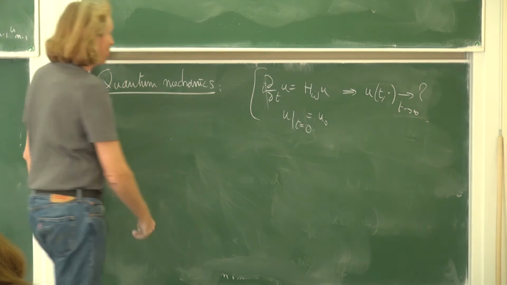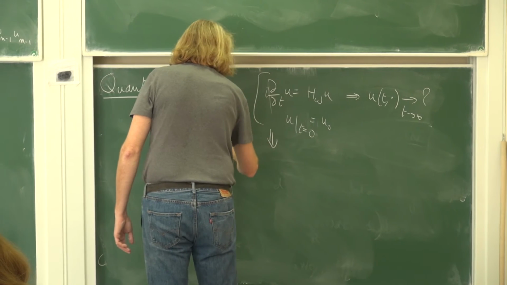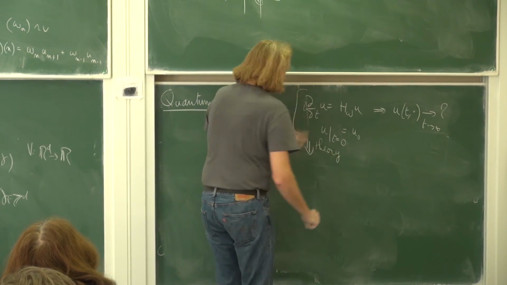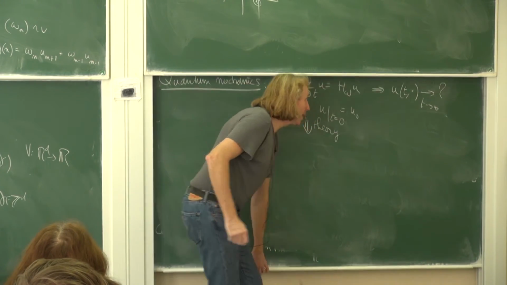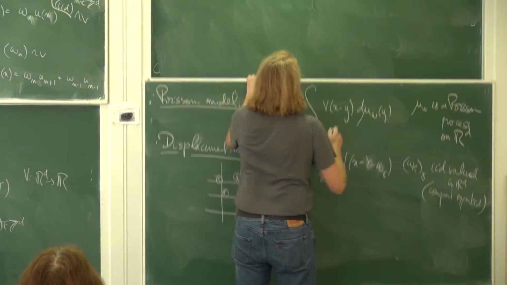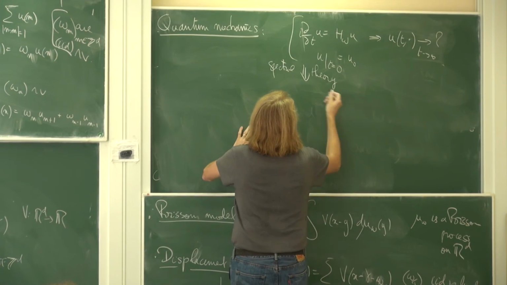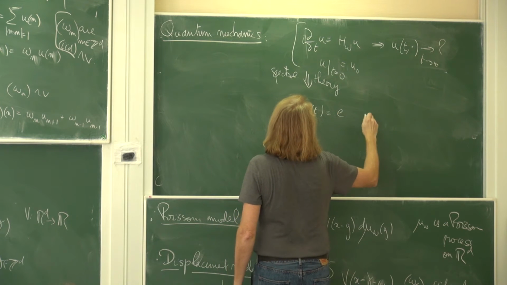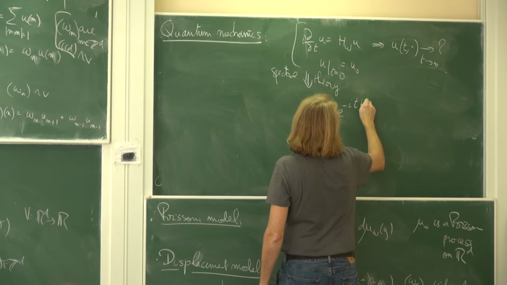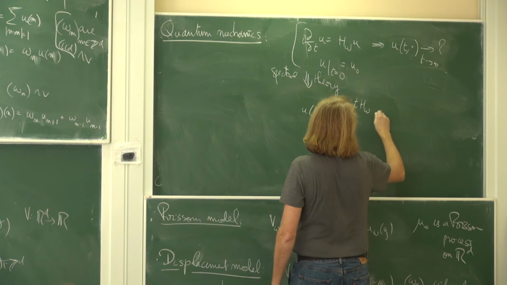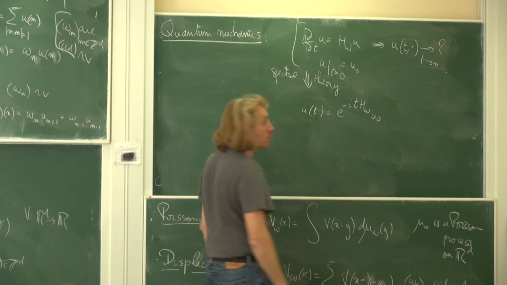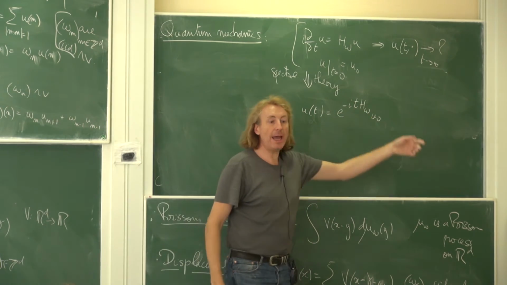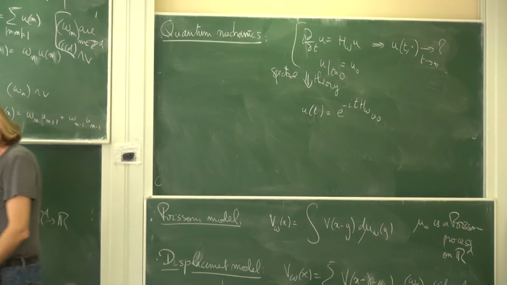Of course, by spectral theory, we're dealing with self-adjoint operators. You can solve this PDE in the following way. Of course you have that u of t is just e to the minus i t H omega u0, just by spectral theory. As we know how to make sense of e to the minus itH, since H is self-adjoint. This is why we chose it to be self-adjoint.